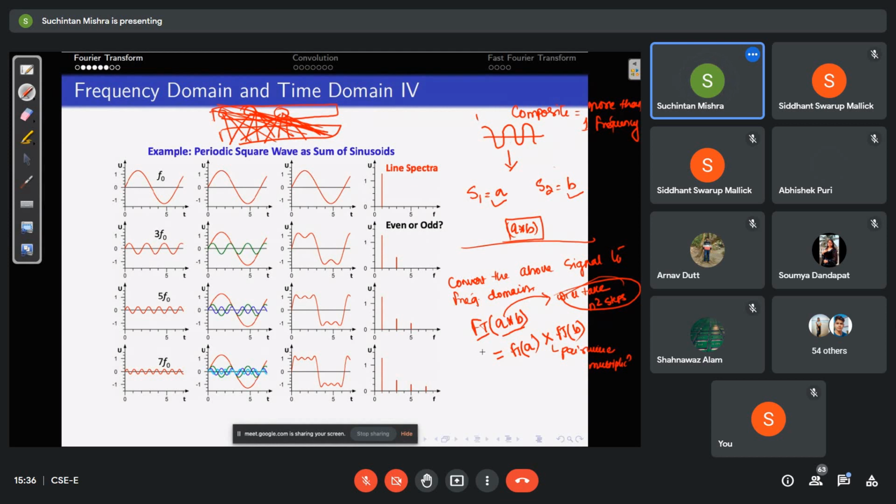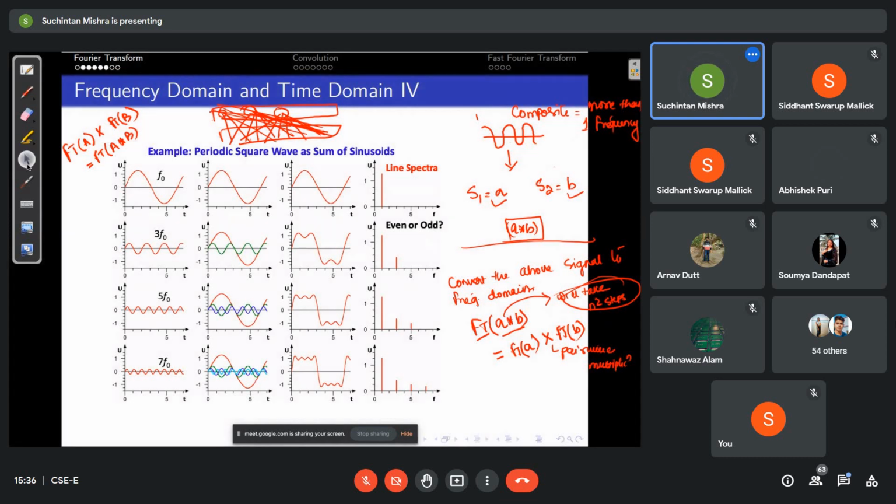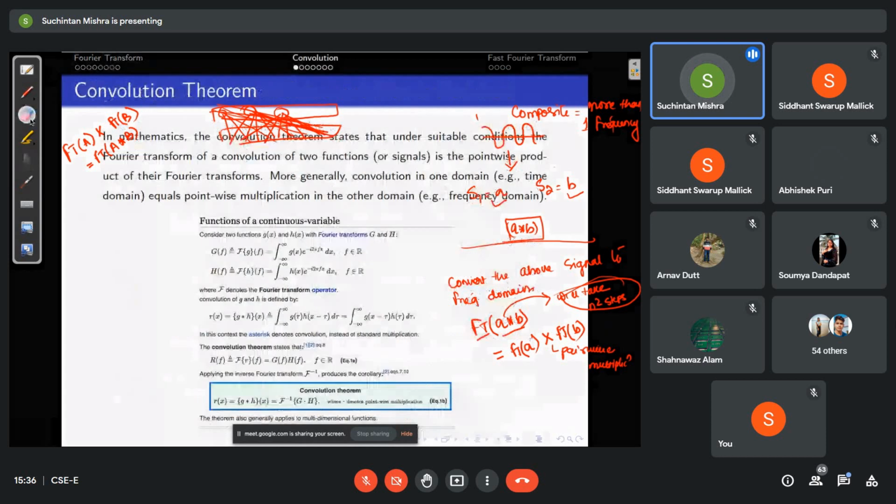In order to reduce that, we can find the Fourier transform of A and pairwise multiply it with the Fourier transform of B, because the convolution theorem is saying this is equal to the Fourier transform of A convolution B. That is your convolution theorem.